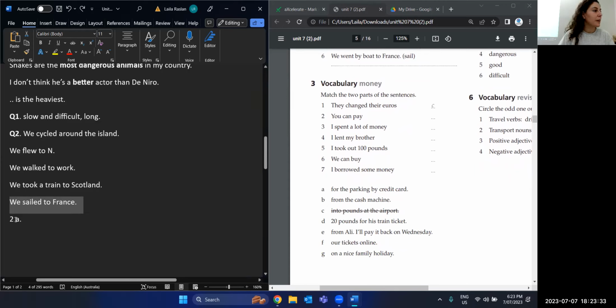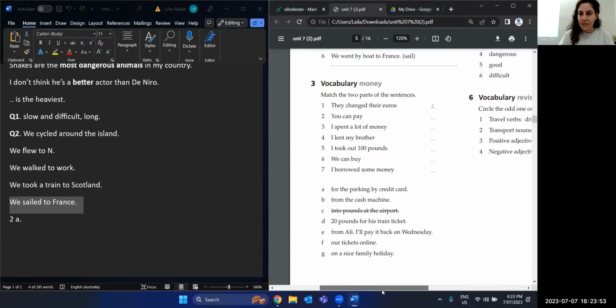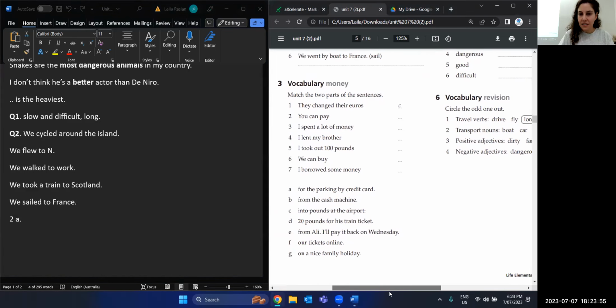So if you remember, we talked about exchanging money, borrowing money, lending people money. So lots of words and action about money. So number 1, I need to match the sentence.